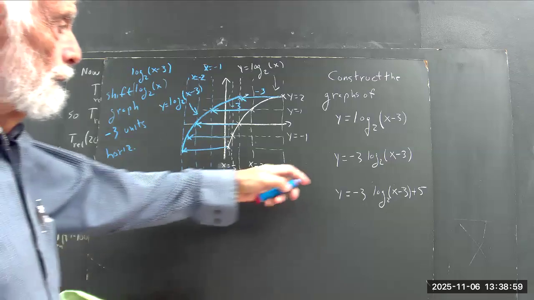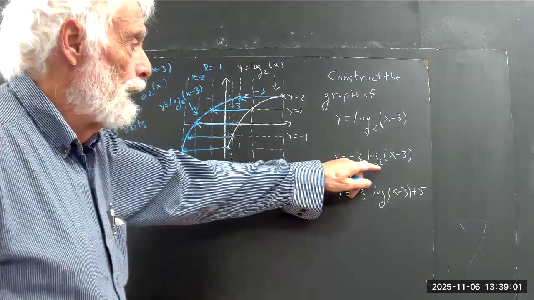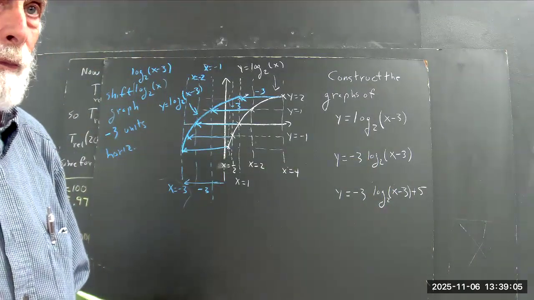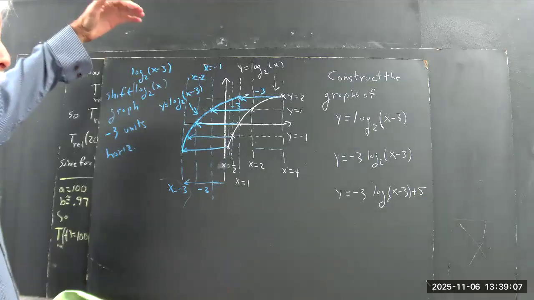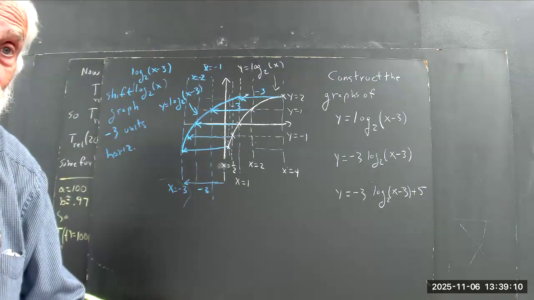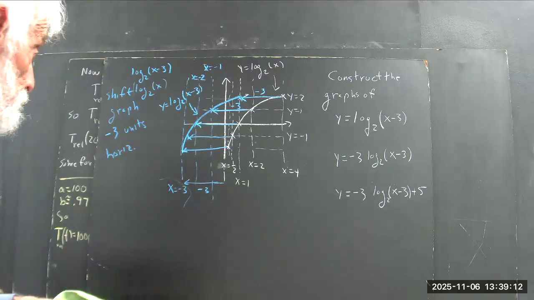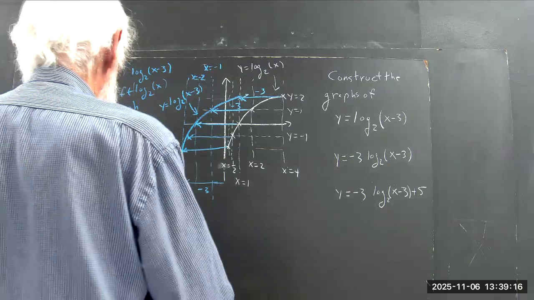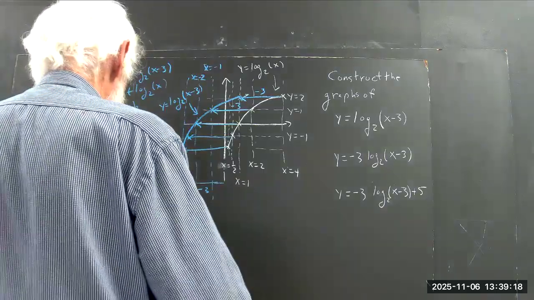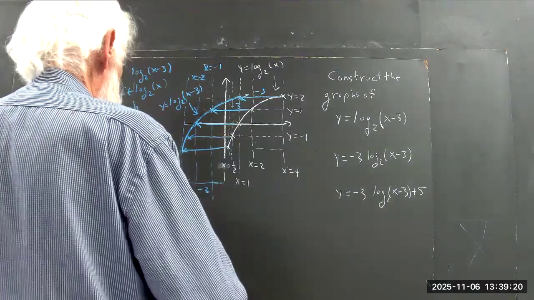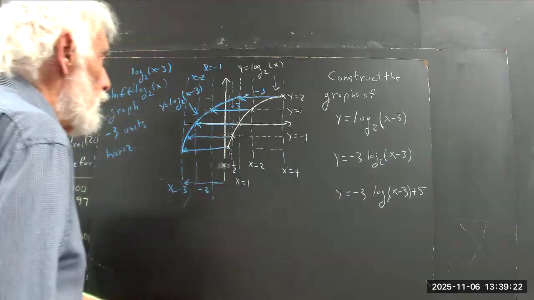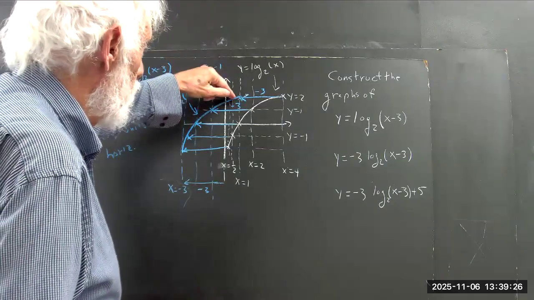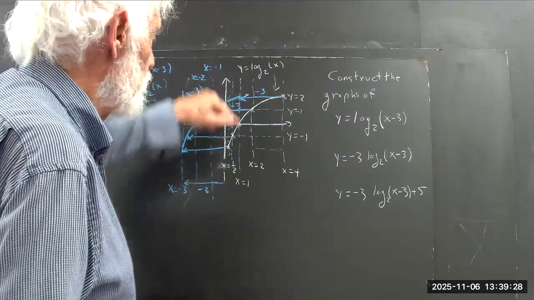Now, if we want -3 times log base 2 of x minus 3, we've got to multiply all our y values by 3 and make them negative. That means that y equals 2 is going to become y equals -6.